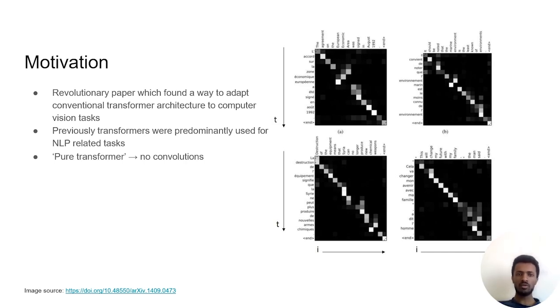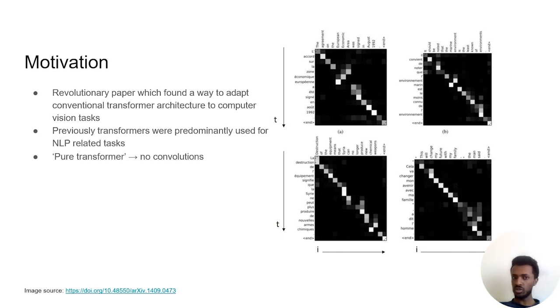As we've seen in homework 2P2, we have used CNNs for image related tasks because they excel at capturing local features through convolutional operations. However, ViT introduced a novel approach by treating each image as a sequence of fixed size patches, and it leverages the self-attention mechanism that's inherent in transformers.